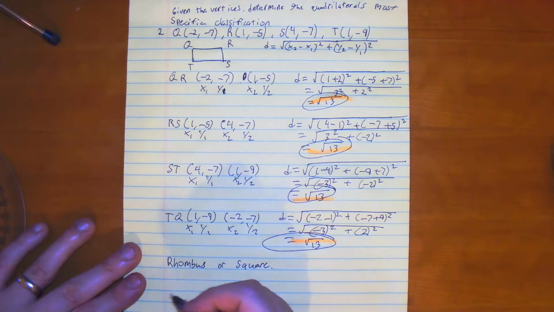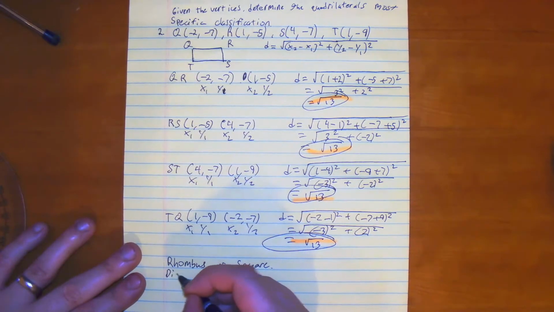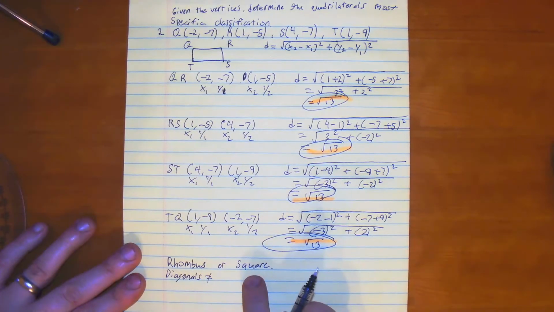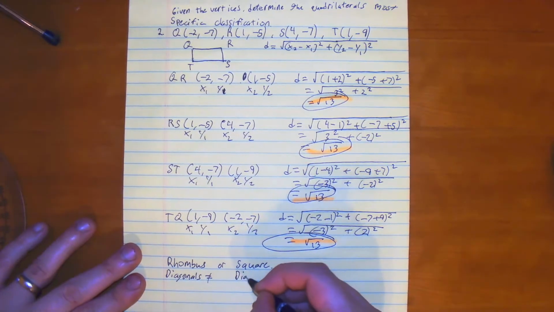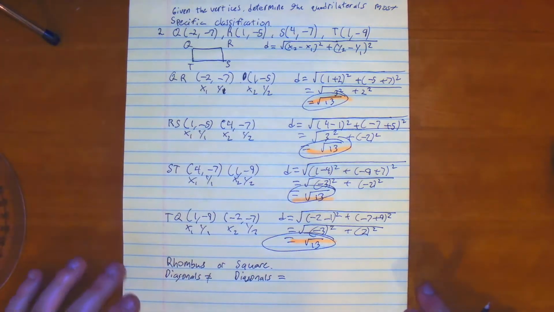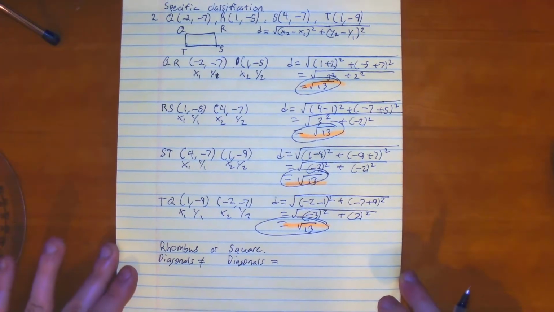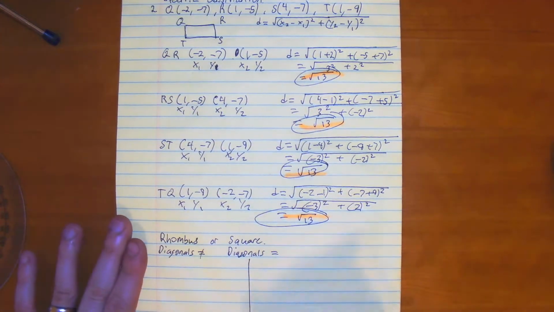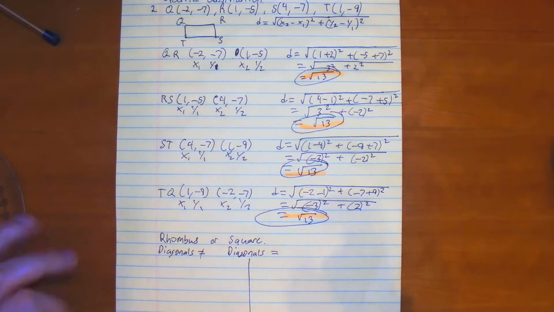First we need to know that for a rhombus, the diagonals are not equal, but for a square, the diagonals are equal. Alright, let me move this up just a little. We're going to make this into 2 sections, and we'll keep this up just to see what our coordinates are.